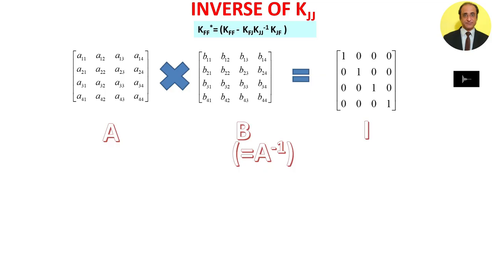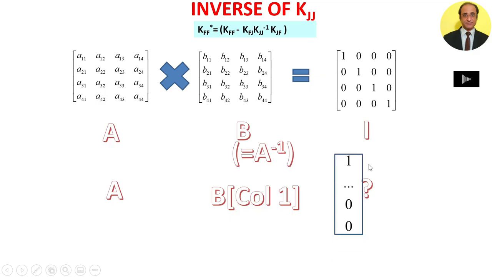To give you a hint how we can use Cholesky's approach, let's say I multiply this matrix A by the first column of this matrix B, which is the inverse. What we get is the first column of the final identity matrix, which will be a vector.